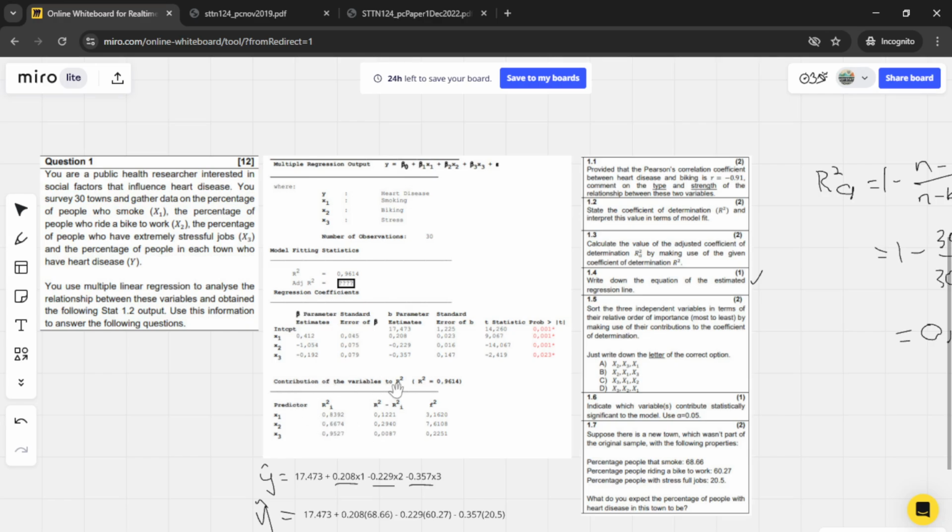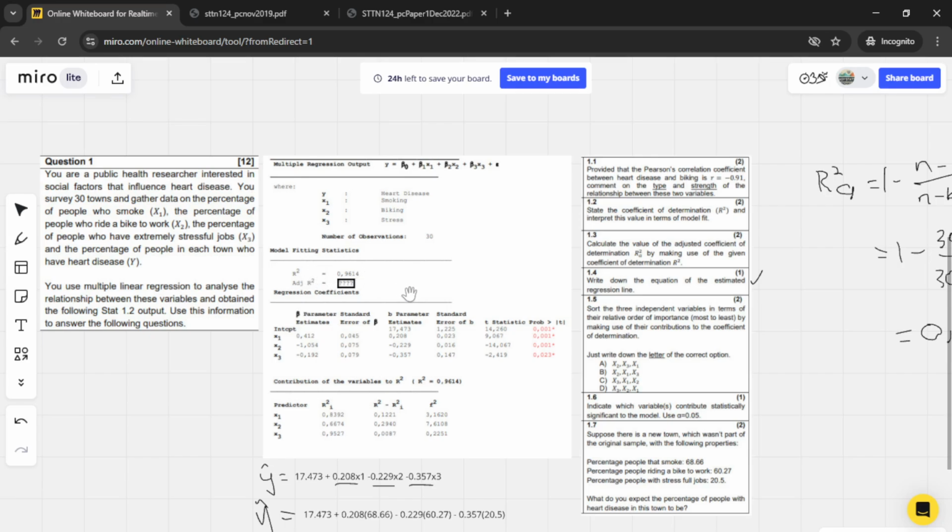One thing that you must see in this multiple regression is that each and every question guides you somewhere. For example, for the question about the least square regression equation, we focus on the b parameter estimates under regression coefficients. When they say calculate the value of the adjusted coefficient of determination, we focus on the model fitting statistics, which are the r squared and the adjusted r squared.